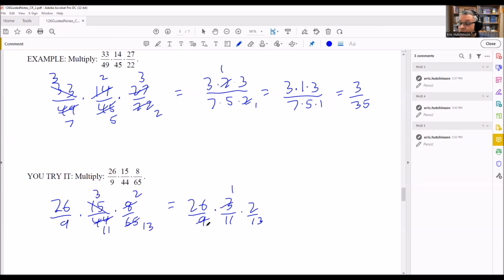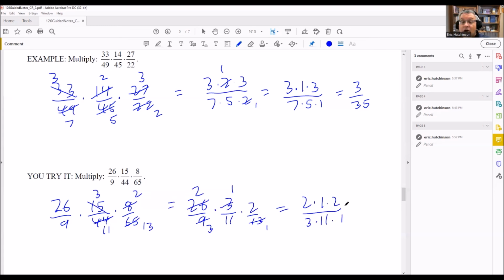That's a 1, and that's going to be a 3 there. I also noticed that 13 would divide into 26. So 26 divided by 13 would give me a 2. 13 divided by 13 would give me a 1. So now I would have a 2 times 1 times 2 on top. On the bottom, I have a 3 times 11 times 1.